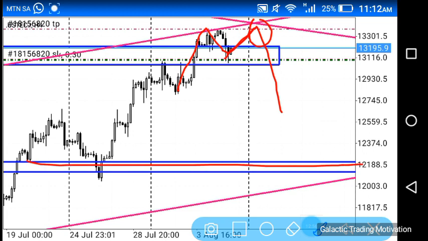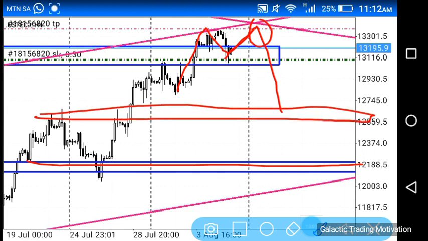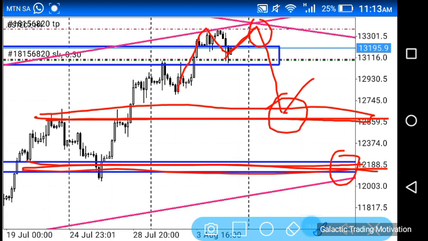However, just also bear in mind that we also have another strong level of support at this point, and what may actually happen is price may bounce at this point and then push further up. However, as I said, I would love for price to move to this level, and this would be my first take profit zone at this point over here. But just keep in mind that price may also bounce at this level, because it is also a very strong level of support.